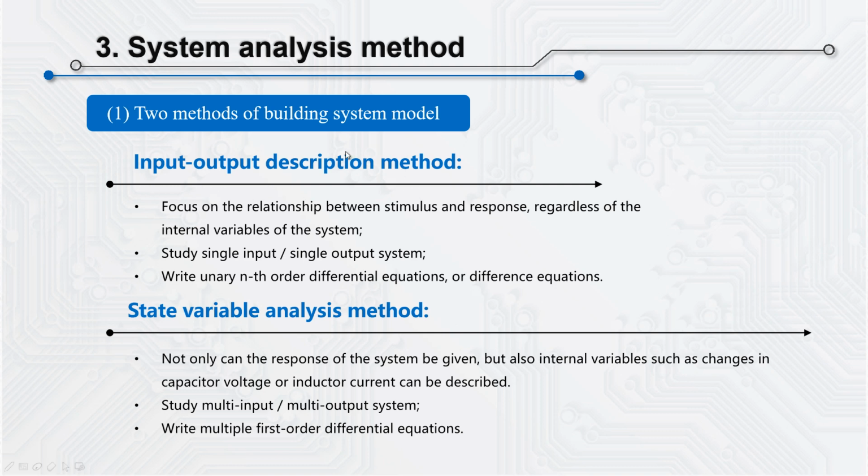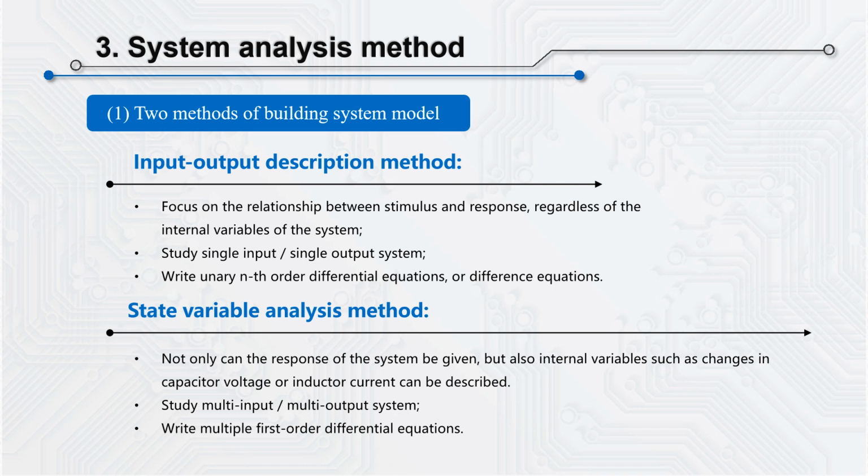The input and output description method focuses on the relationship between stimulus and response, regardless of the internal variables of the system. Normally, it is used to study single input and single output systems, and it is to write a unary nth order differential equation or difference equation.